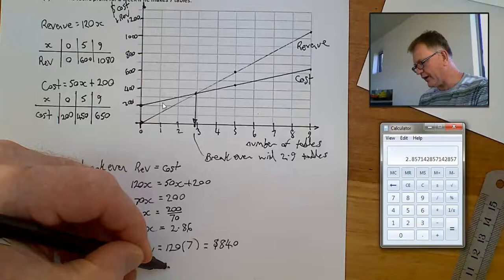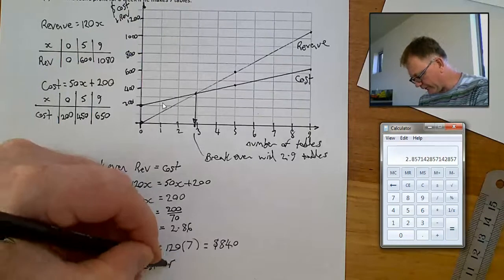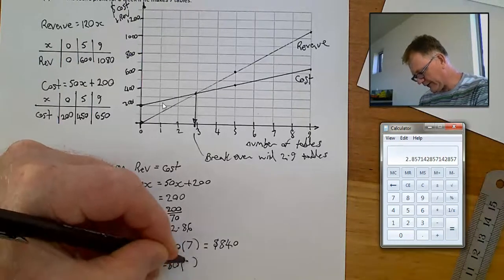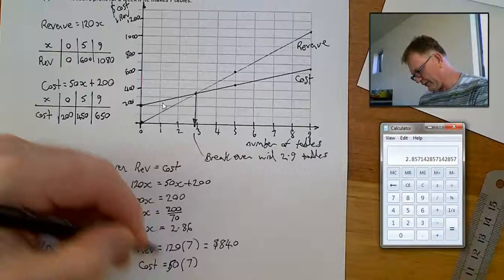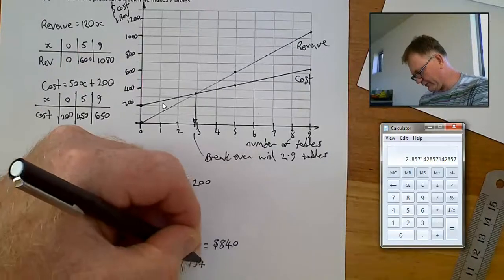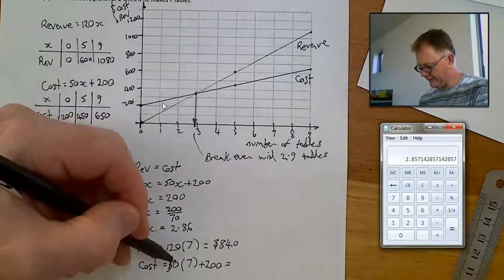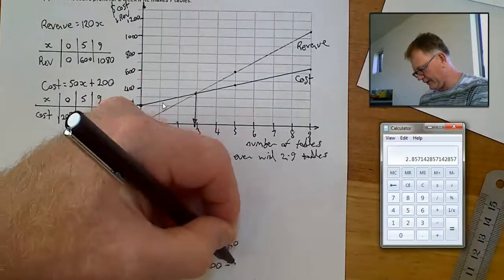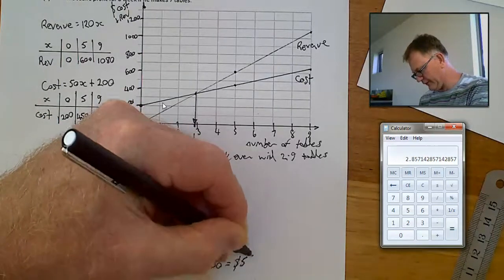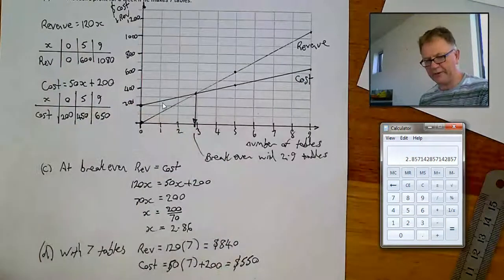So it equals 50x, x equals 7. 50 times 7 plus 200. And 350 plus 200 equals 550. And to work out the profit then, the profit is the difference between revenue and cost.